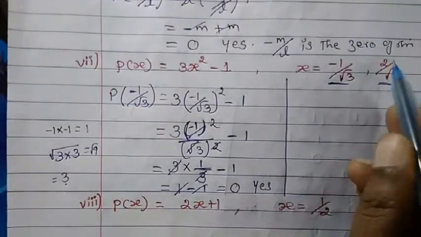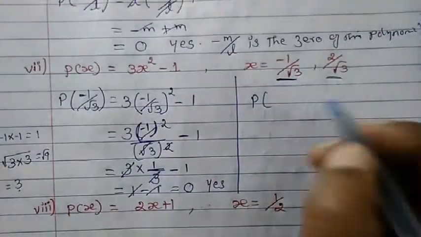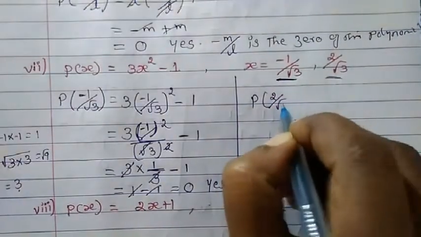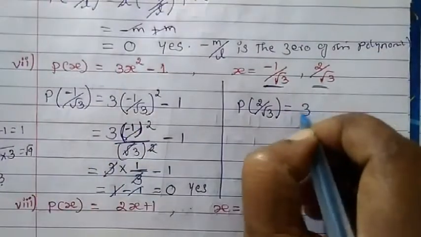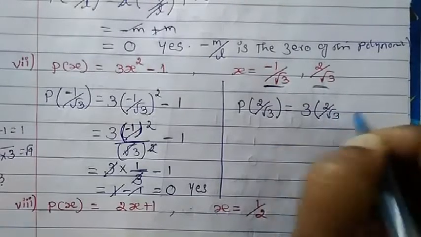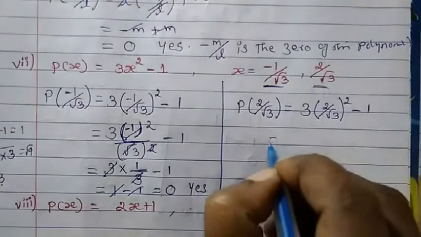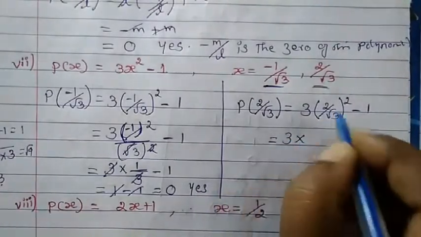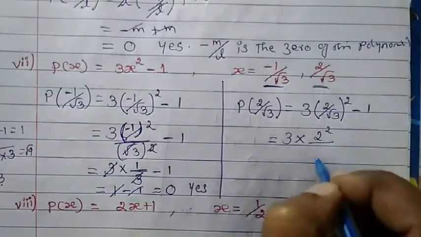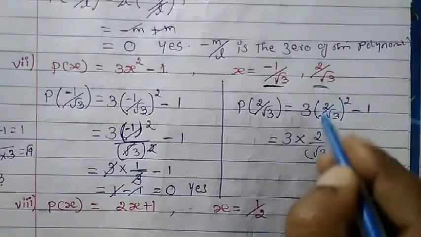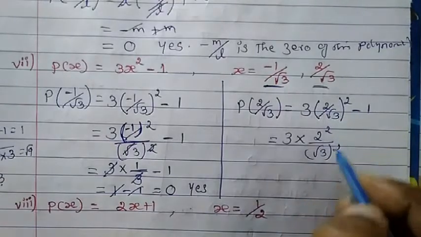Now we have to try this value. In the place of x, we have to write 2 upon root 3. So here what is that? 3x square. So 3 in the place of x, 2 upon root 3 whole square. Then minus 1. So let's write 3 into 2 square, and separately root 3 square. The meaning of this is the whole square; the square is common for 2 and for root 3 also.